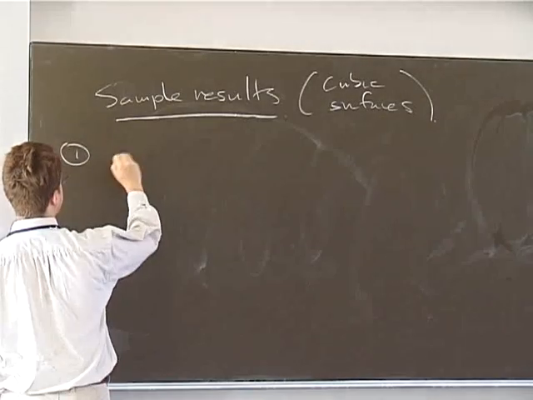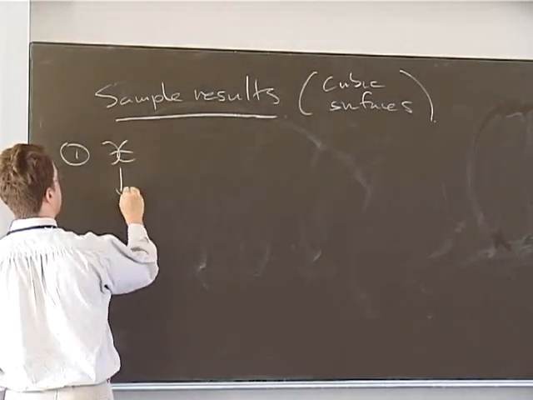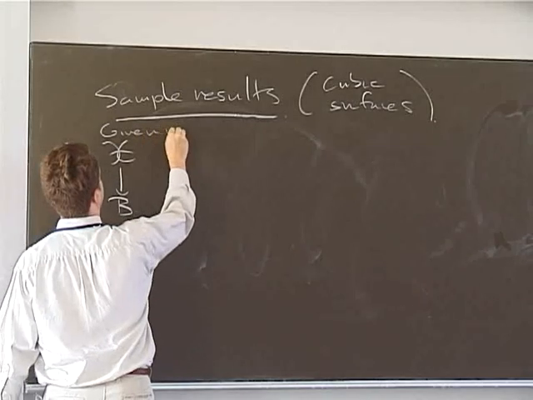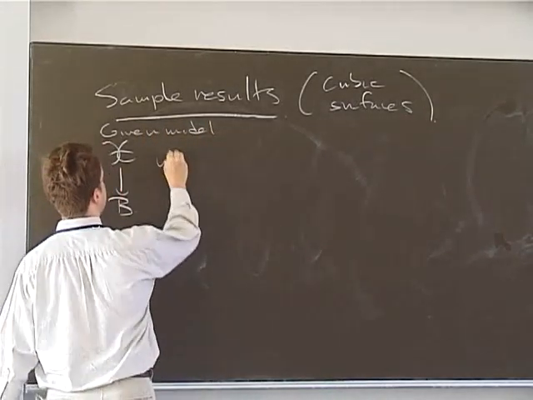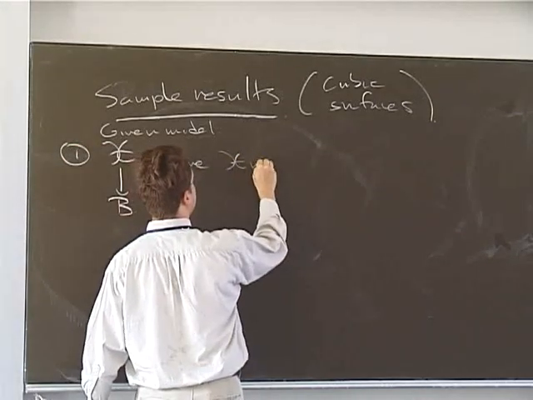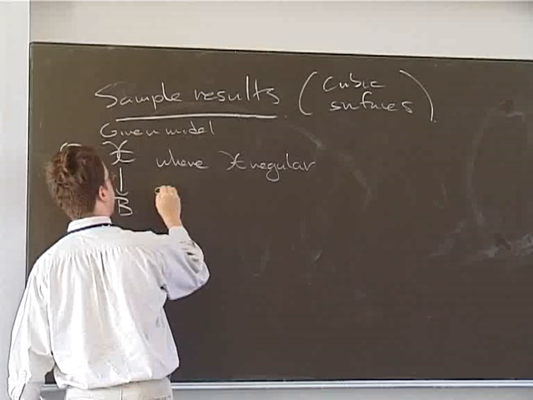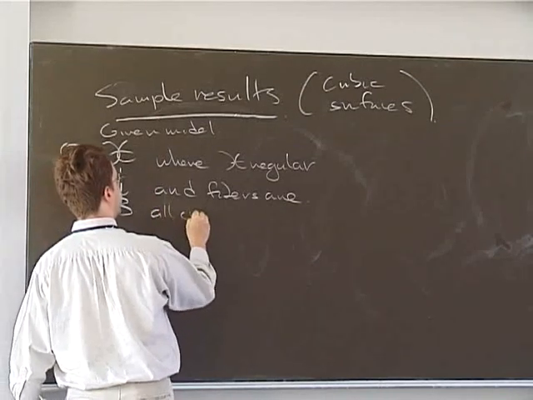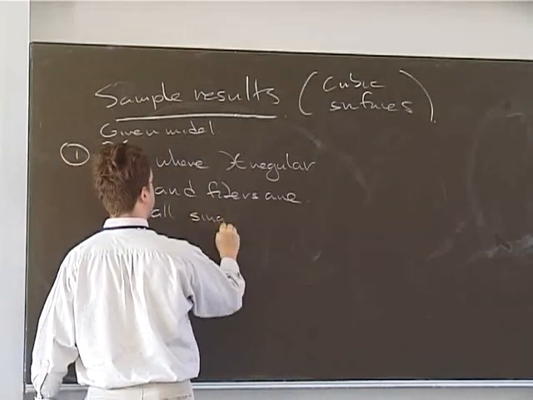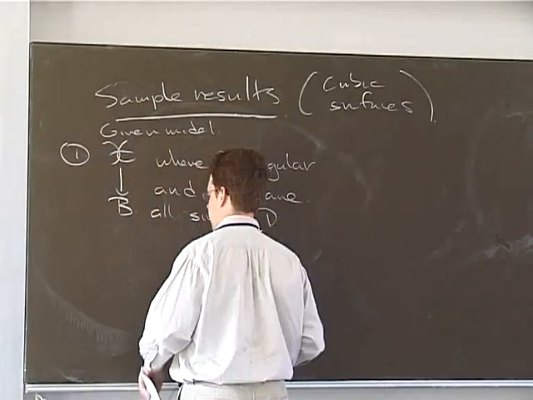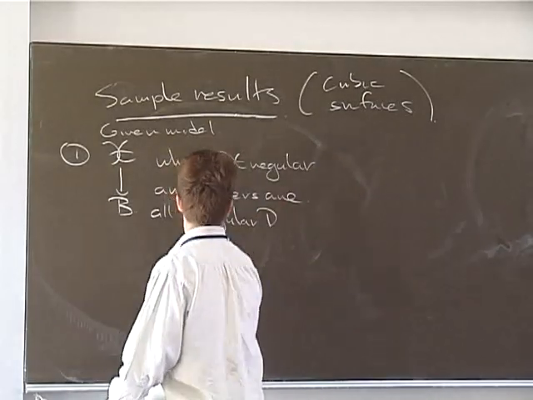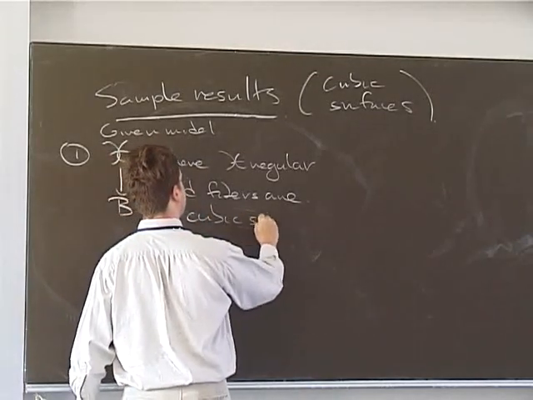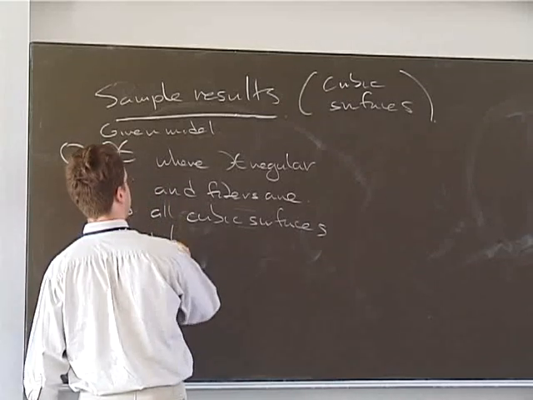The first sample result is, let's say that we're given a model X over B where X is regular and the fibers are all cubic surfaces with canonical singularities.